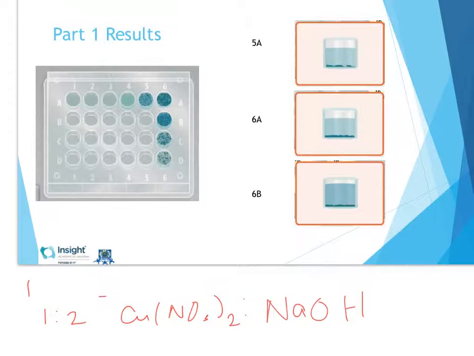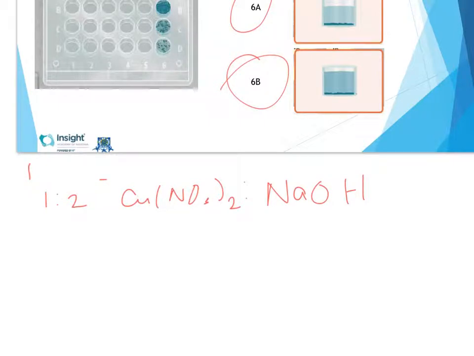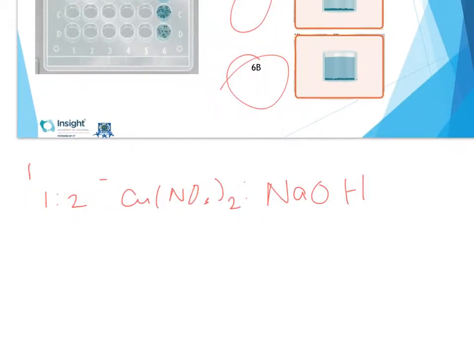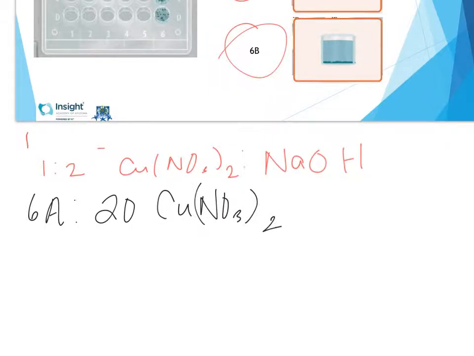That's what we expect. Now we need to look at what we actually got in our data. So you want to look at your two wells that have the most, which were 6A and 6B. In 6A, I had 20 drops of CuNO3 to 30 drops of NaOH.